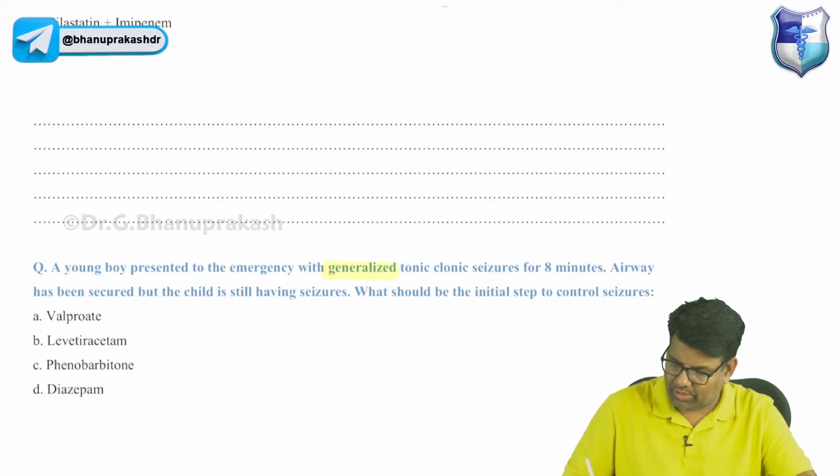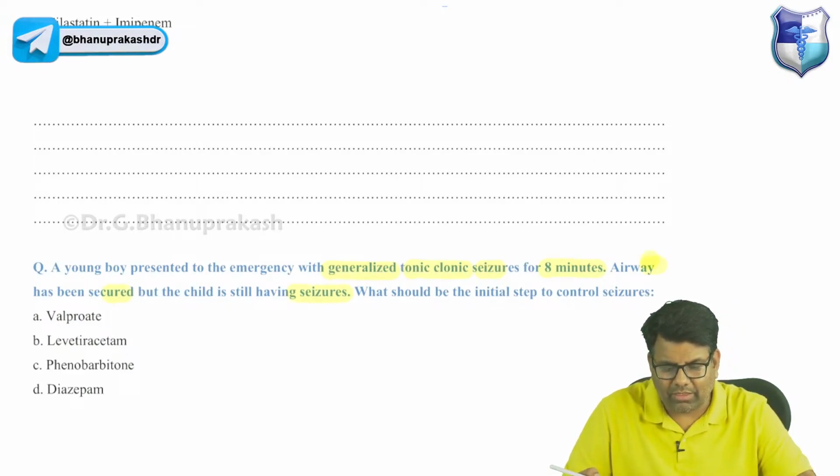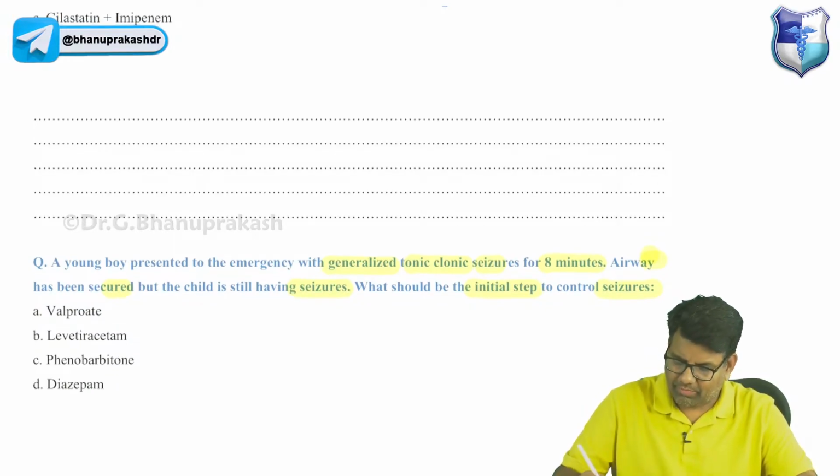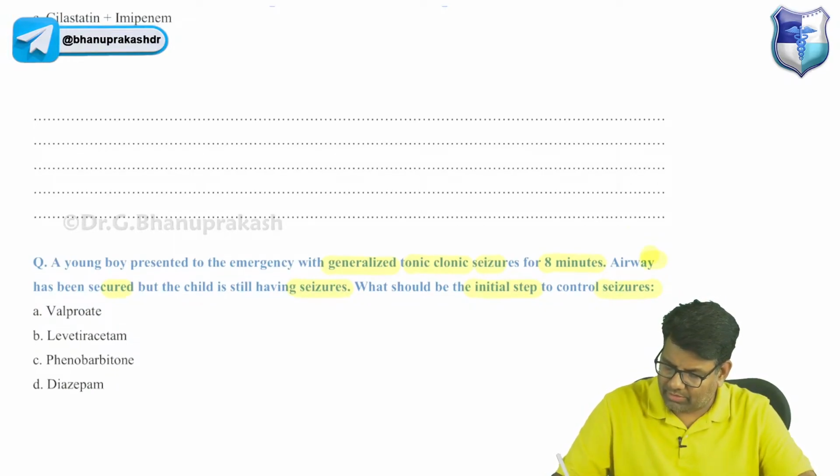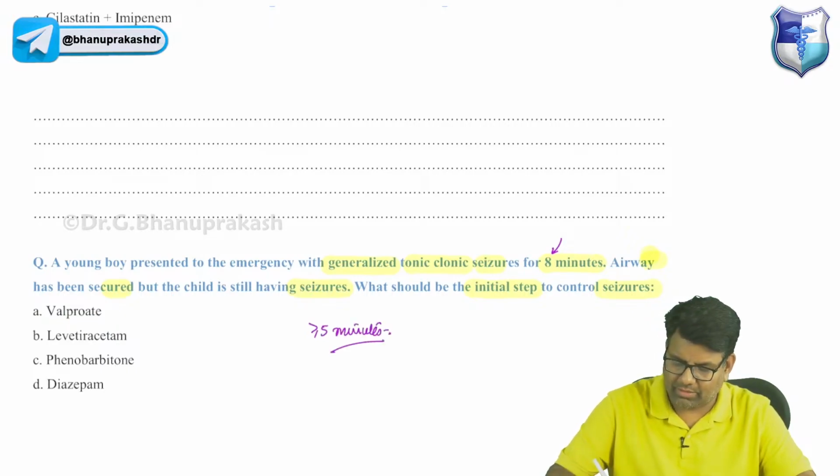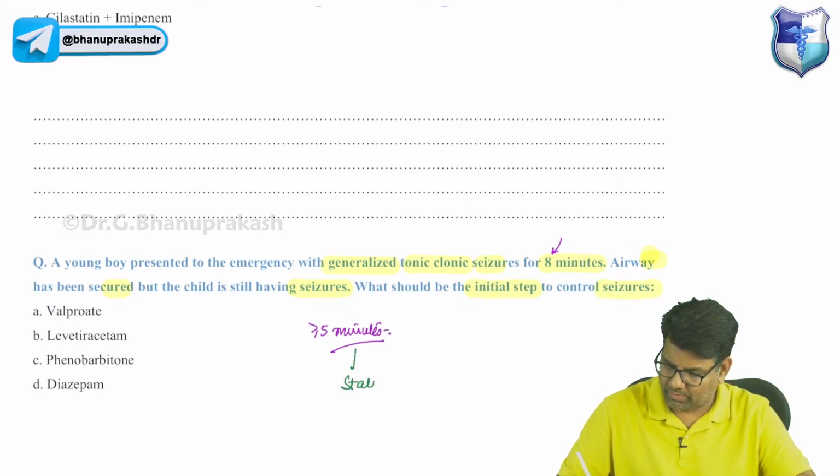A boy had generalized tonic-clonic seizures for 8 minutes. Airway is okay, but the child is continuing to have seizure. What should be the initial step to control seizures? If child is having continued seizure activity, some books say that even for more than 5 minutes, it can be presumed as status epilepticus.